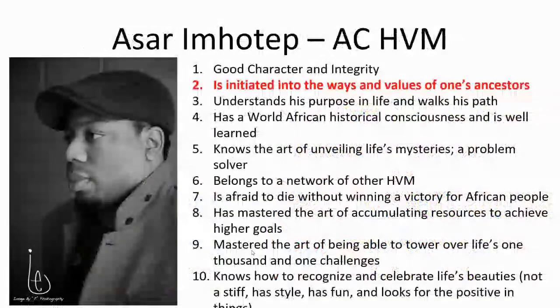And so when we were talking about being a high value man, if you can recall from my previous conversations, one of the 10 foundational characteristics of being an African-centered high value man, I argued, is that he is initiated into the ways and values of one's ancestors. So an African-centered high value man is one who Landa Tangu, follows the path of the sun, who has been initiated into the values, the wisdom, and the ways of one's ancestors.